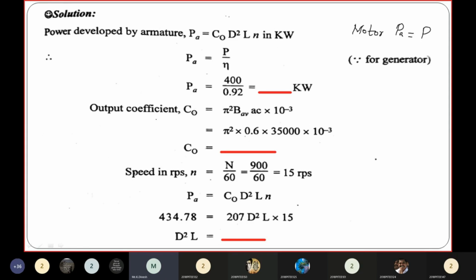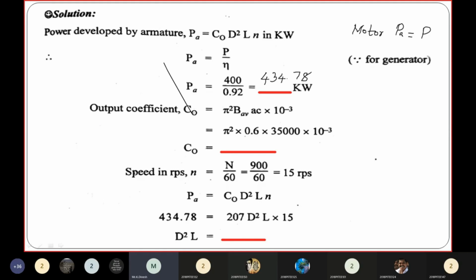So your PA should be 434.78. Are you getting the same answer? I am getting the same answer, 434.78 kilowatts.